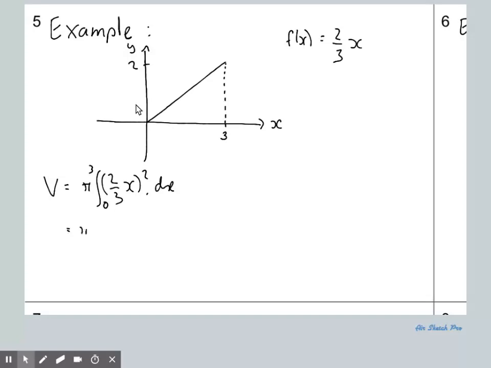That's equal to pi integral between 3 and 0 of 4/9 x squared dx. And now I'm going to take my constant value out so I don't have to confuse myself later on. That's equal to 4 pi on 9 integral between 3 and 0 of x squared dx.